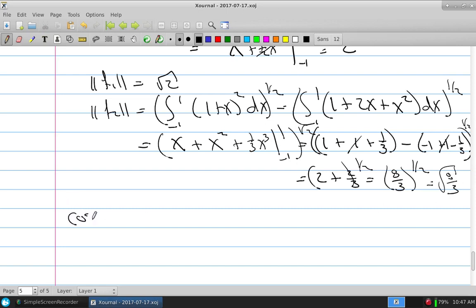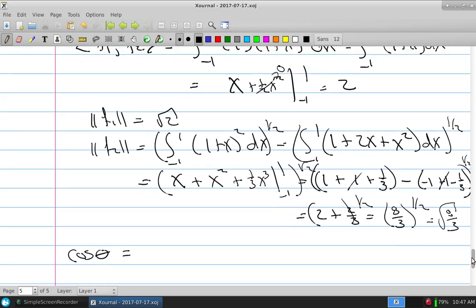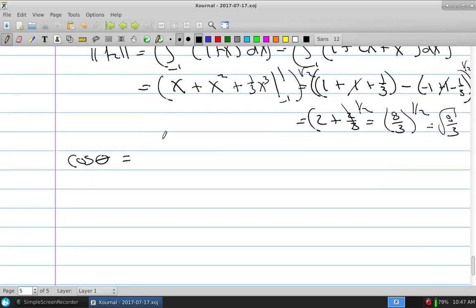So, what's the cosine of theta? So the inner product was what? 2. The length of F1? And then, which is 2 divided by 2, square root 2.